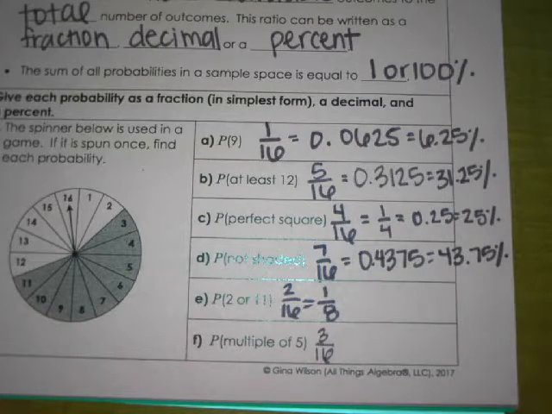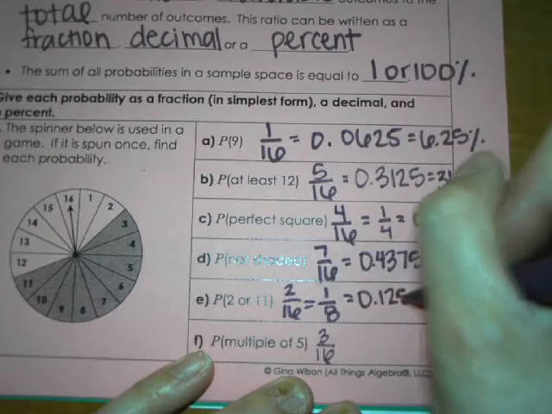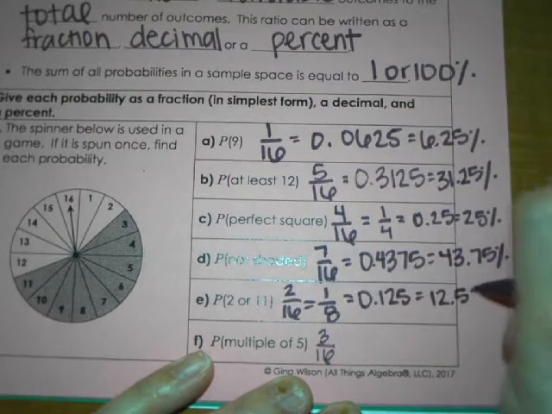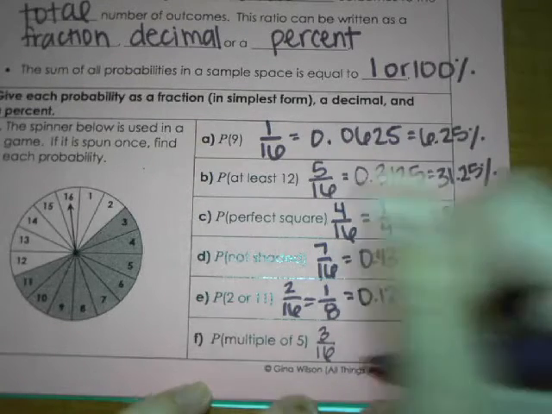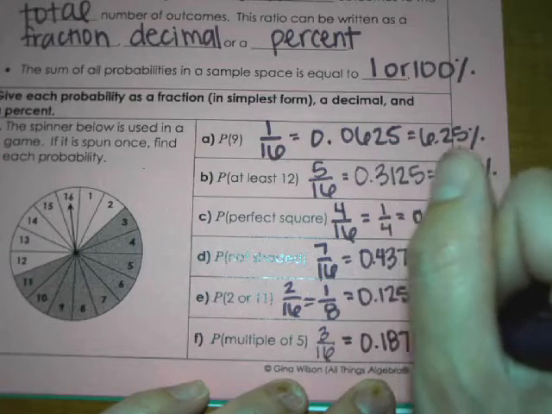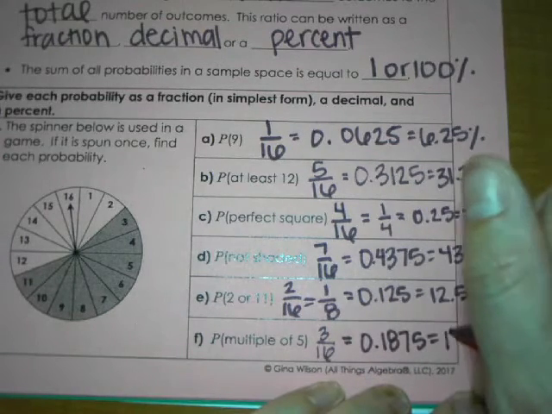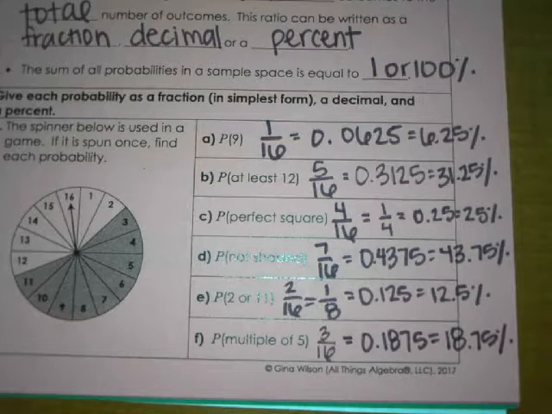What's E? 0.125 and then 12.5%. That was also one of the fraction, decimal, percents that you guys should have had memorized. 13. What's the last one? 0.1875. Very nicely done. Any questions on going from a fraction to a decimal to a percent? Is that coming back to us? Maybe so?